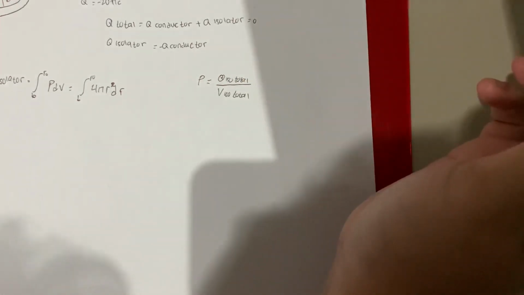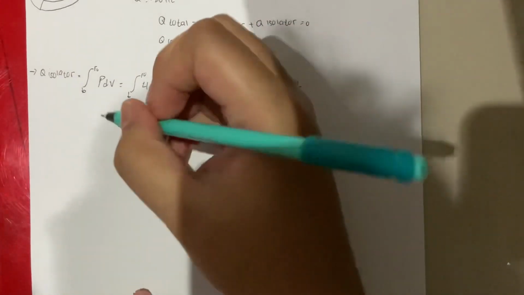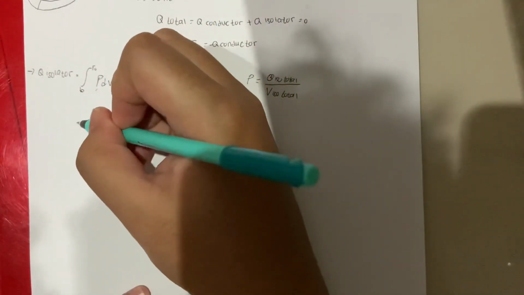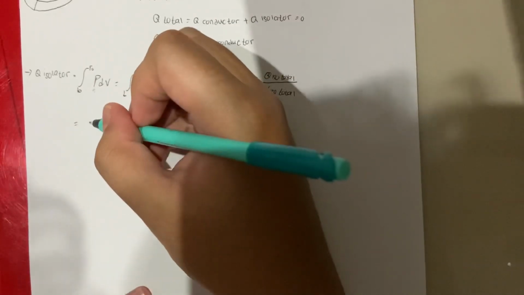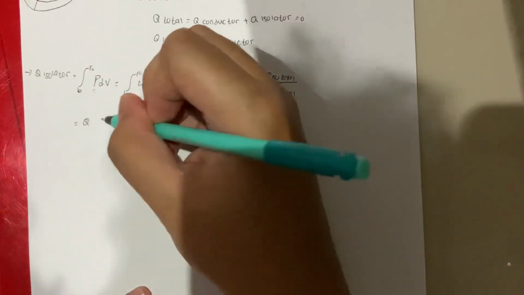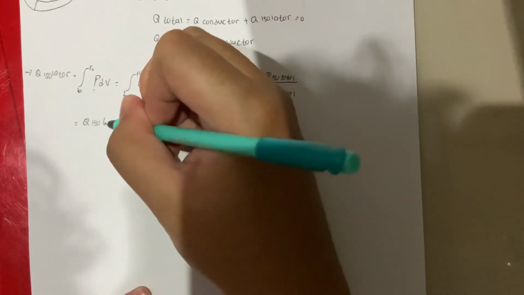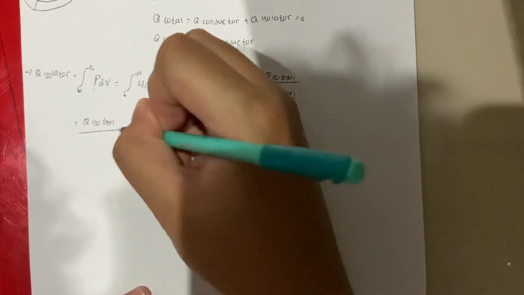After that, we can replace the rho in the Q isolator equation with the total Q isolator divided by the total volume of the isolator.